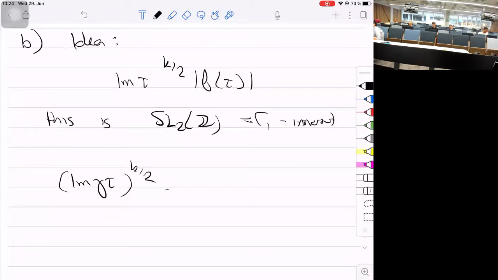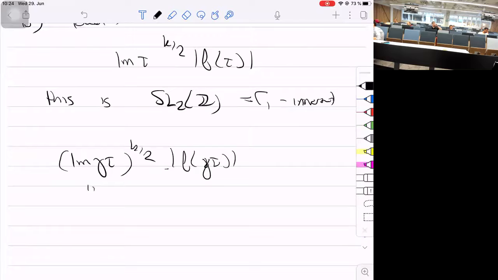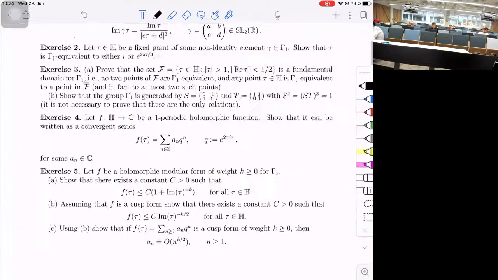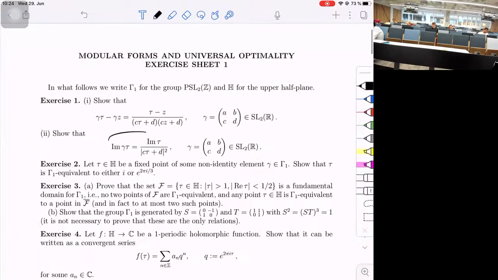Take the imaginary part of gamma tau to this power, times the value of f of gamma tau. Then by one of the earlier questions, this should be imaginary part of tau over this automorphy factor squared, to the k.